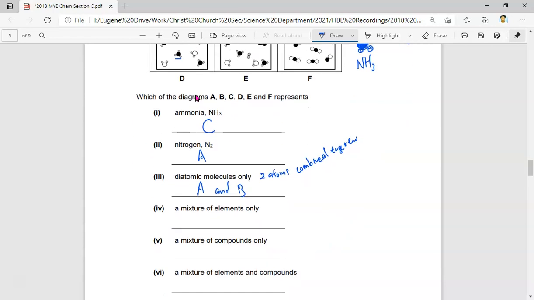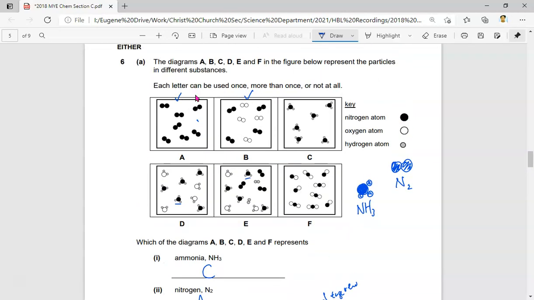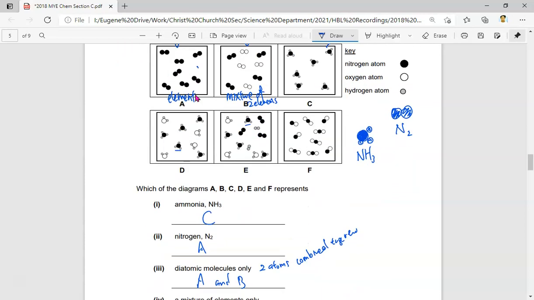Okay, which one consists of a mixture of elements? So if we go into this, this is an element, purely an element. This one, you see, got these 2 circles here. I got one pattern like this. Okay, this is actually a mixture of 2 elements. This one here is a compound, purely NH3. This one is a mixture of 2 compounds.